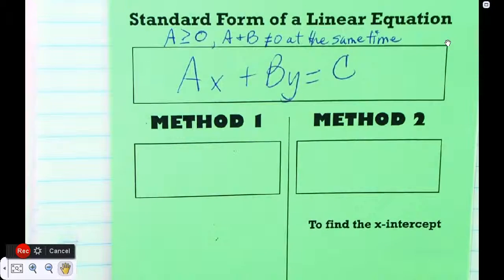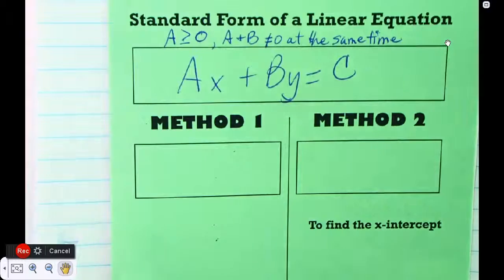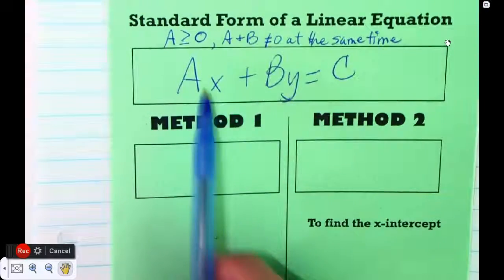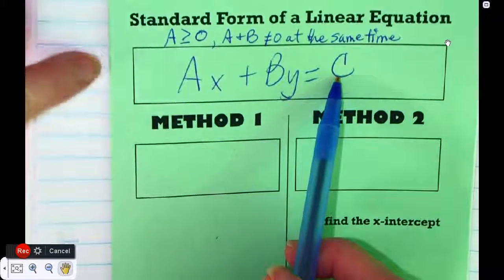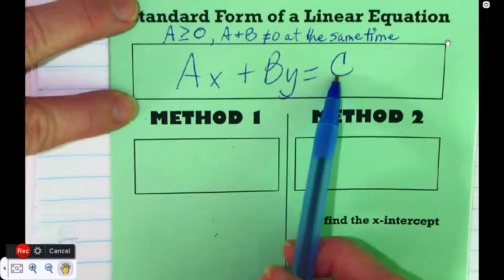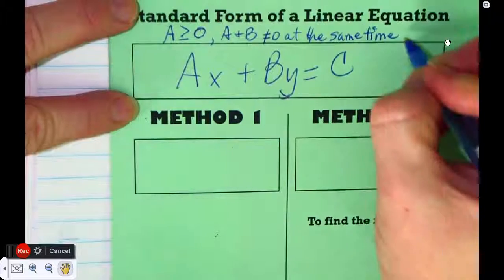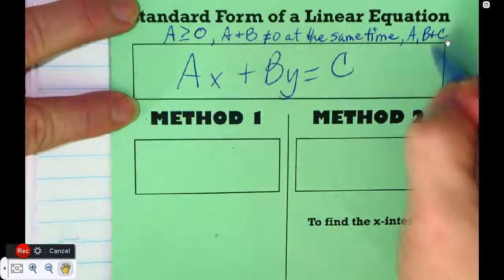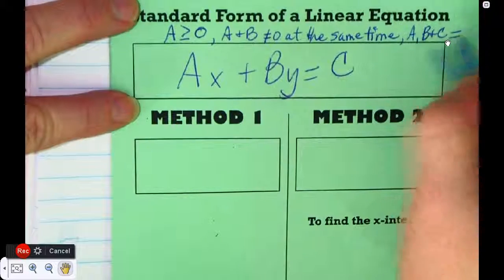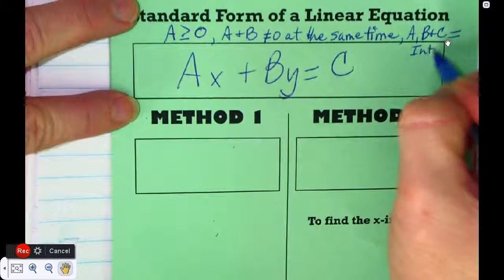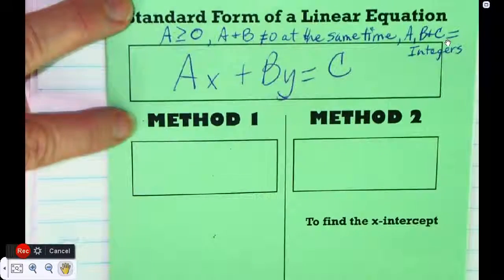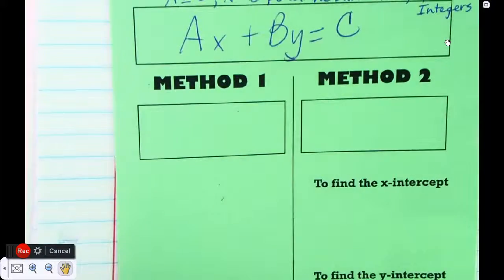One can be 0, and the other one can be 0, but not at the same time. But A has to be positive, always. And then what do we know about A, B, and C? They can't be what? Decimals or fractions. So A, B, and C are integers. Good. Okay.